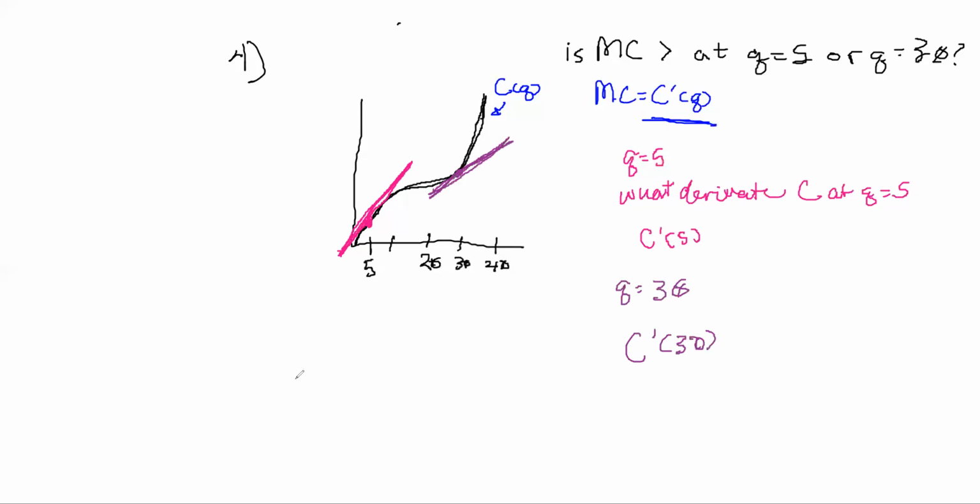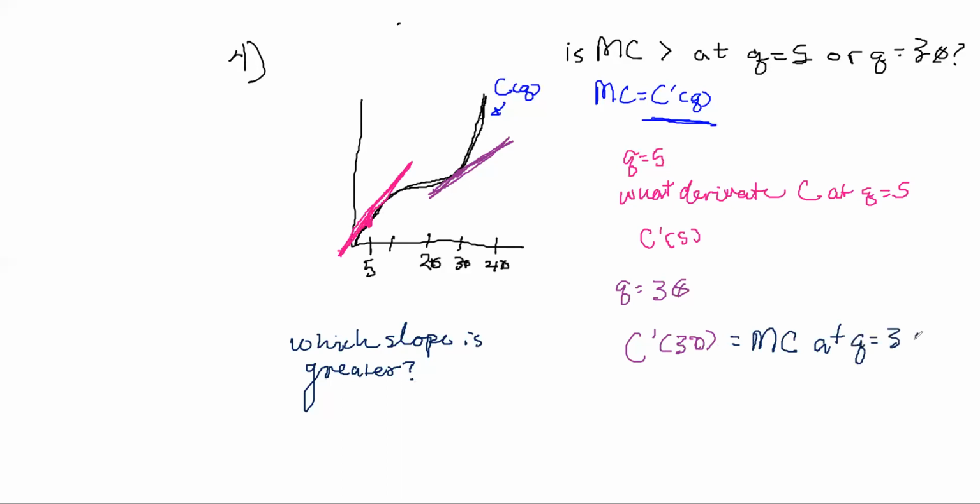And then I ask myself, which slope is greater? Because these slopes at these points, we've established that this is equal to the marginal cost at Q is equal to 30. Yep.